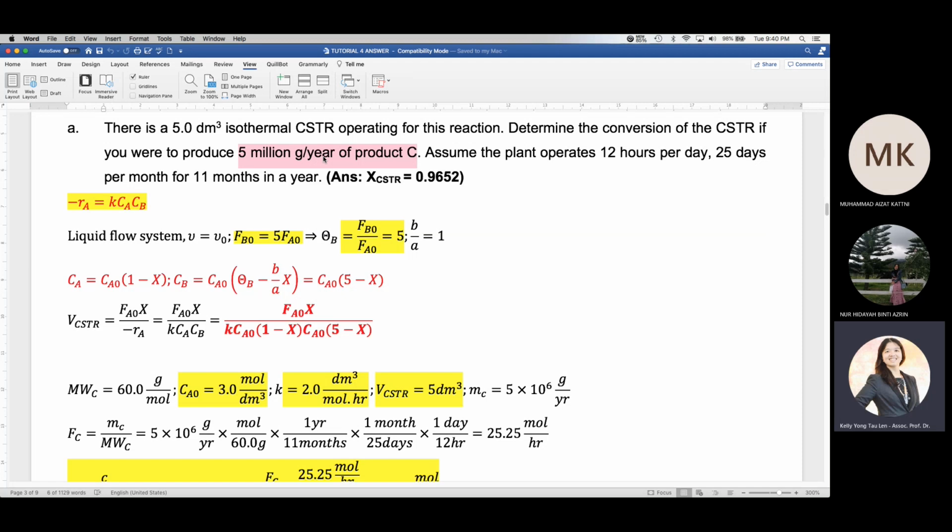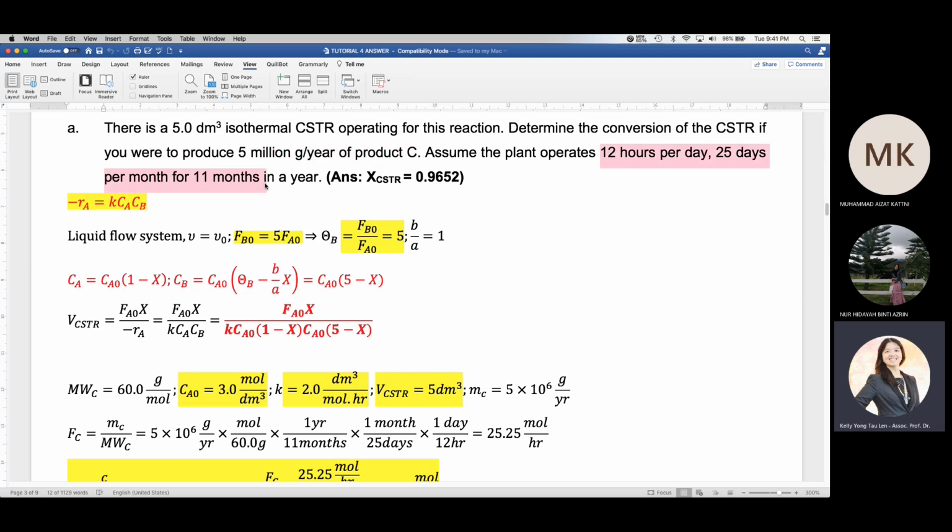Kalau mass per time, this actually mass flow rate. So sebenarnya kita selalu belajar pasal molar flow rate. Dalam kes ni a little bit unique. Dia tak beri kita molar flow rate, dia beri kita mass flow rate. And mass flow rate ni adalah produk C punya mass flow rate, or in other words, production rate. Okay, so that's the information. And then dia kata pula, plant kita ni ada limitation dia.